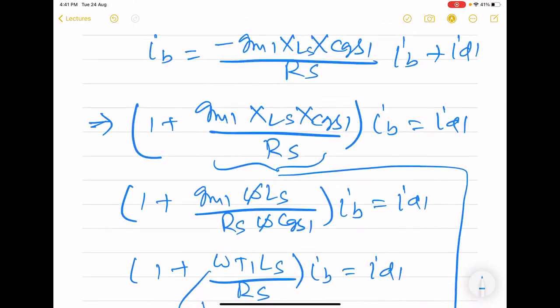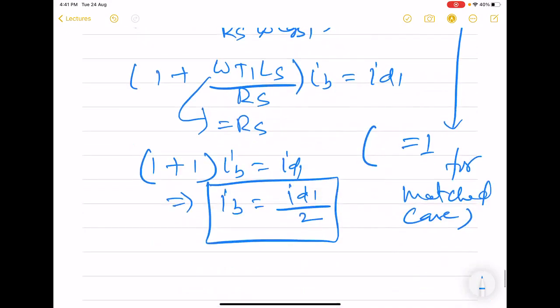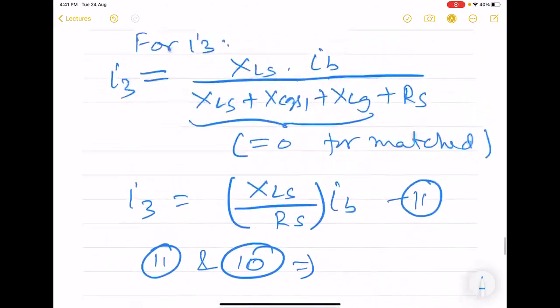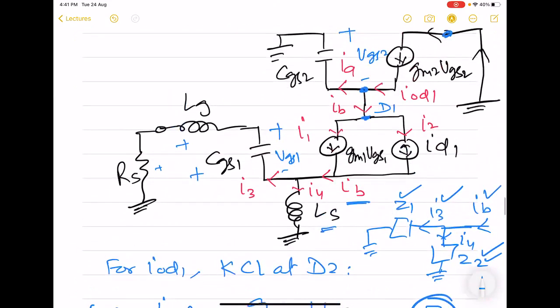So we will keep in mind that GM1 XLS XCGS1 divided by RS is actually equal to 1. So we will straightway use this in the later derivation. So here we find that IB is half of ID1. So what it says is that in this circuit, this current is half of ID1, which is this one.